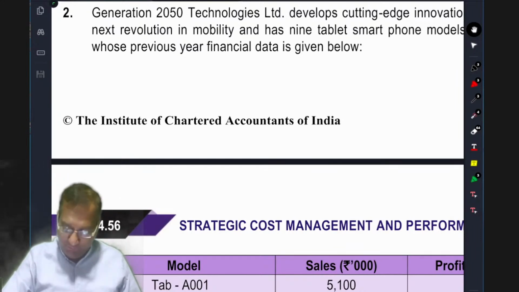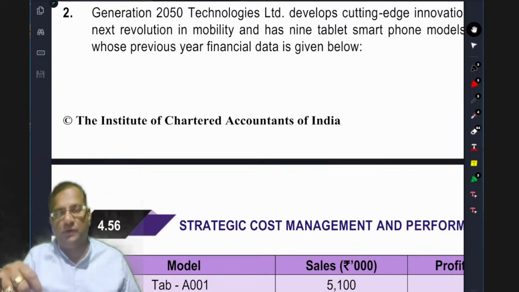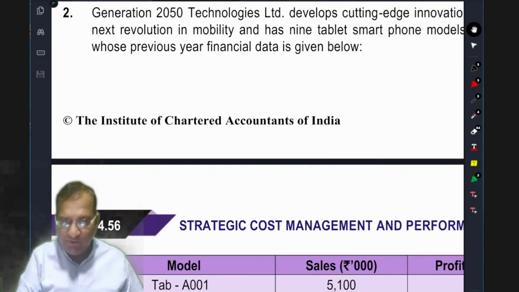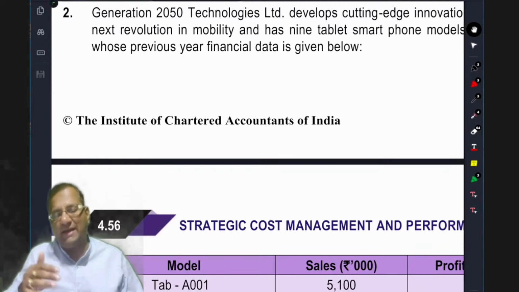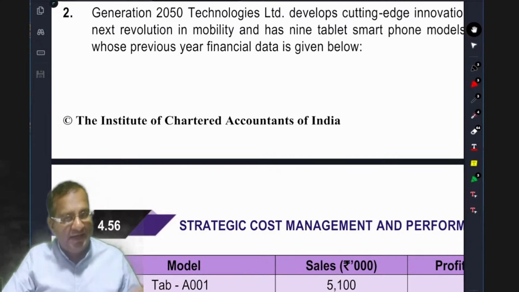Very good beta, mostly answered correctly by almost all of the students. That keyword is descending order. Whatever data you have been given, whether the pricing of a product, or the customer profitability, or ABC stock control, or the quality control, or the cost driver in ABC, whatever is given, you have to arrange that data in descending order.